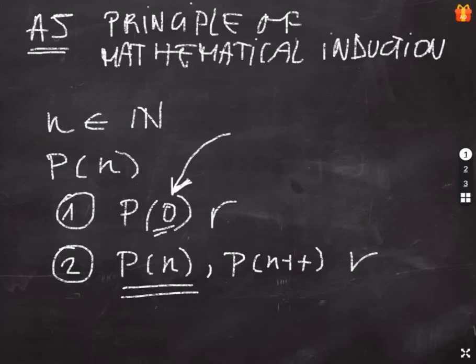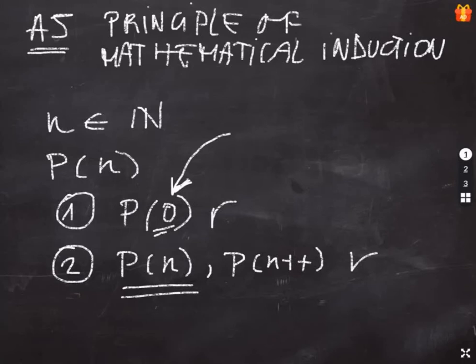So, again, the number 0 is a natural number. Then, we're going to assume that P of 0, the property we are interested in, is true for 0.